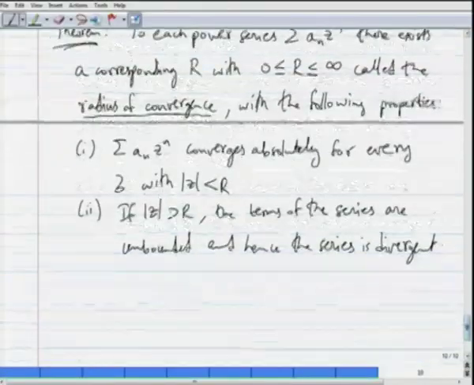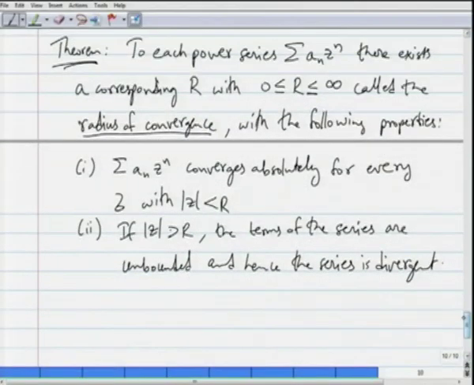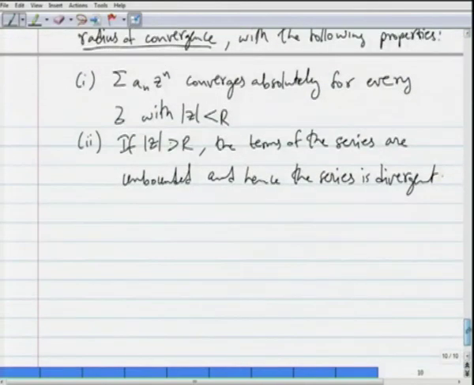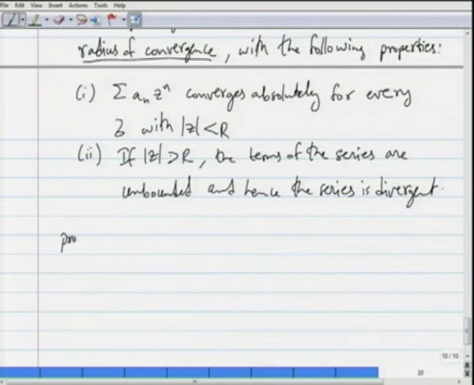So, that could be the set of convergent points for the power series, and it could be as large as infinity. We will see some examples where the radius of convergence is infinity. First we will prove this theorem.